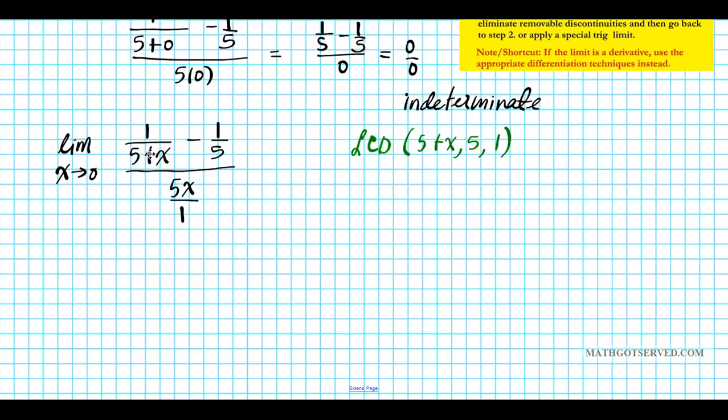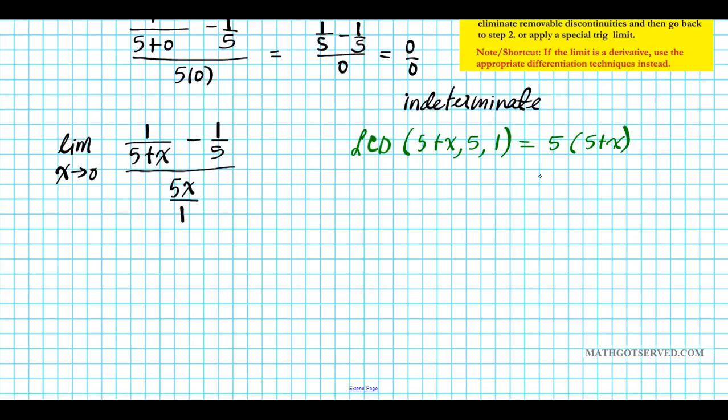So what is the LCD of the 3 denominators? That's what we'll multiply this complex fraction by to get rid of the fractions. Well, it doesn't get rid of the fractions, it just makes it less complex. All right, so the LCD here clearly is 5 times 5 plus x.